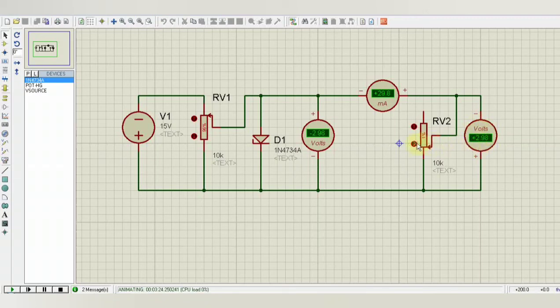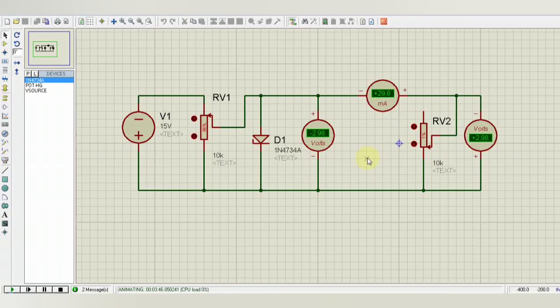So from this we can conclude that the Zener diode is a good regulator, no doubt, because only at a huge amount of current does it deteriorate. We will find out from the percentage of regulation how good this Zener diode is as a voltage regulator. Now this is the end of the practical of experiment 2.